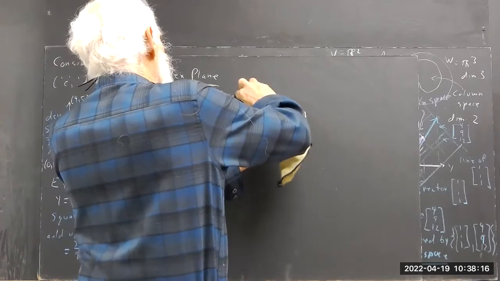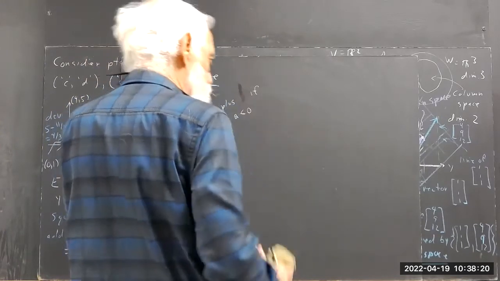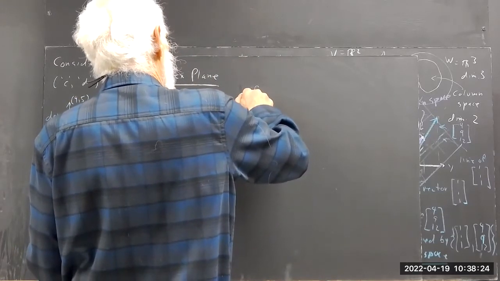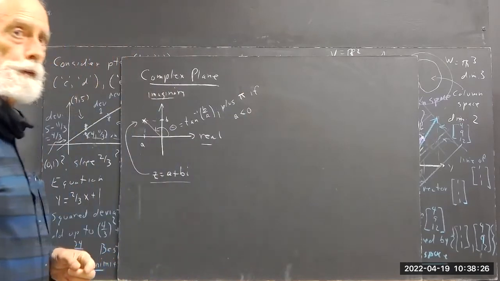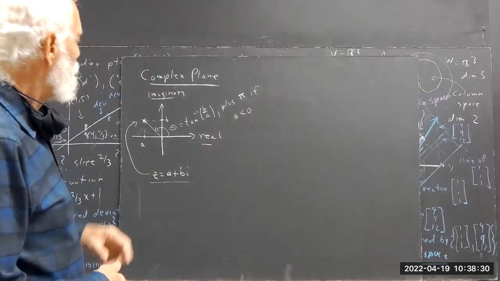I was debating about writing it in radians versus degrees. But this is math. There is no such thing as degrees, unless you're talking about triangles.